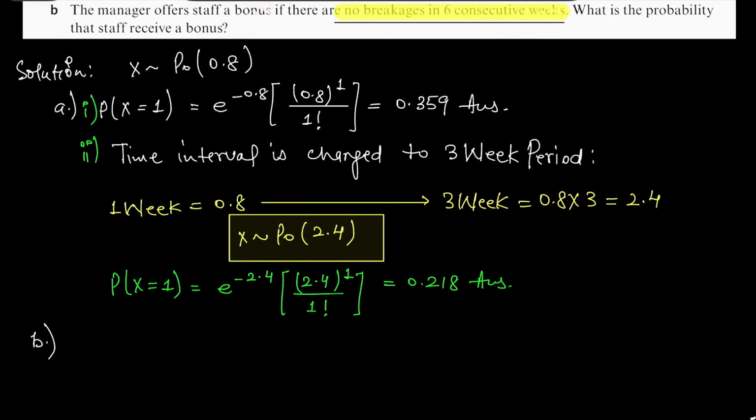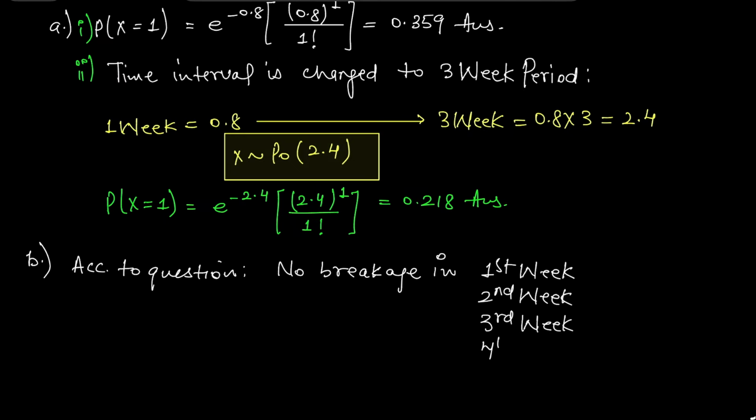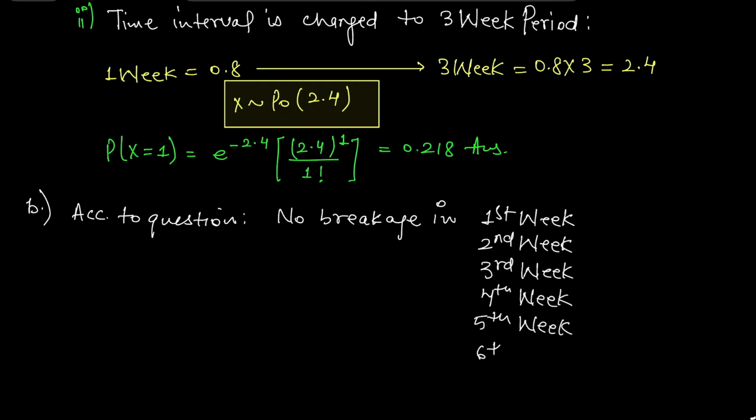In part B, we will write that according to the question, the manager will offer a bonus if there is no breakage in the first week, no breakage in the second week, no breakage in the third week, and again, no breakage in the fourth week, fifth week, and sixth week.